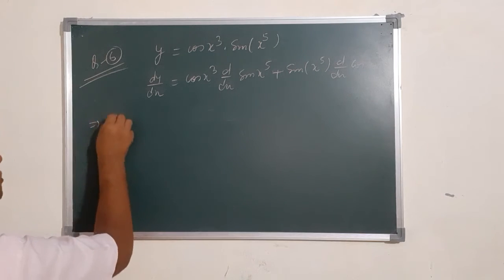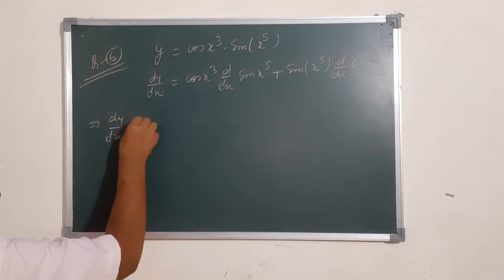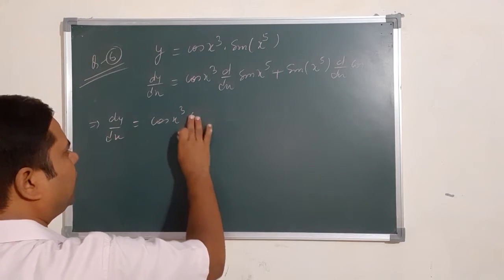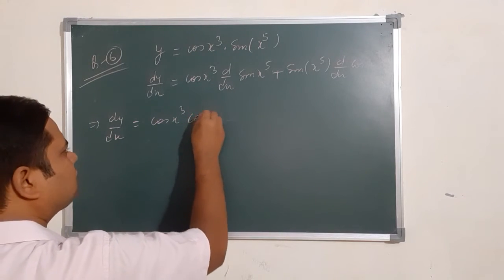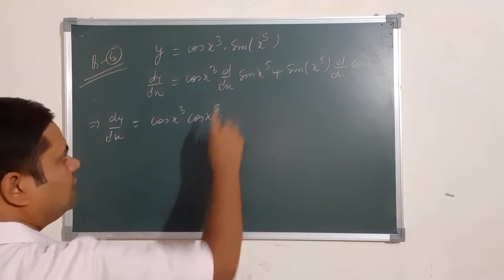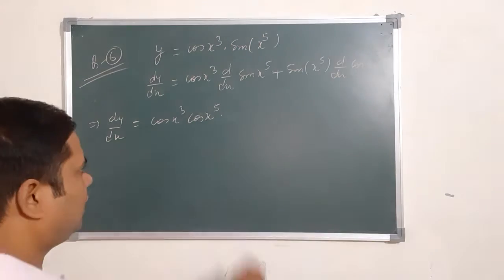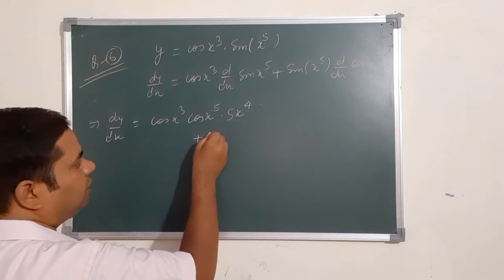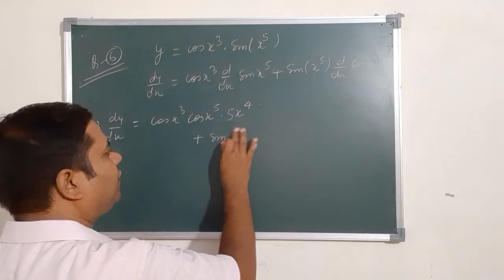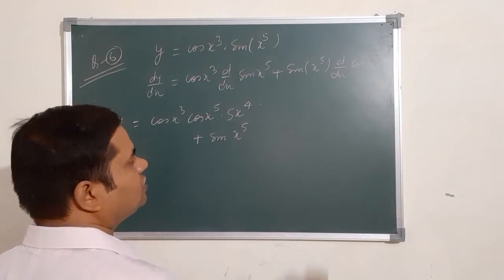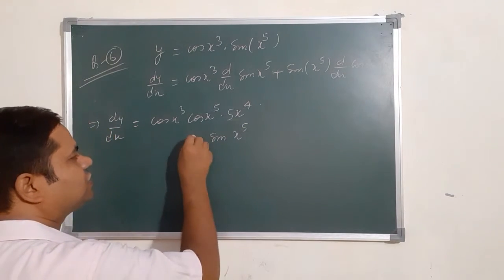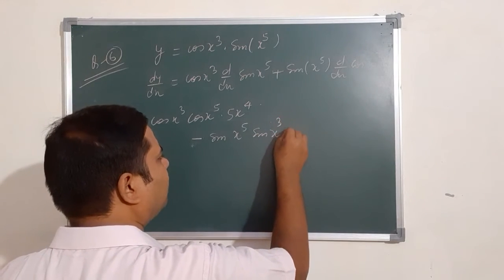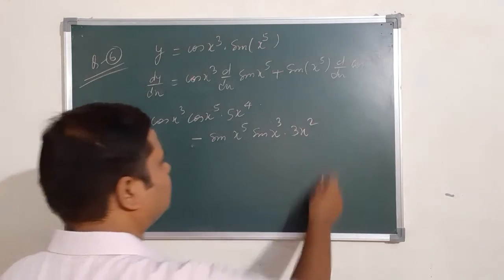So we have dy by dx as cos x cube into sine x to the power 5, whose derivative is cos x to the power 5 times 5x to the power 4. Similarly, plus sine x to the power 5, but cos x cube derivative is minus sine x cube, and the differentiation of x cube is 3x square.